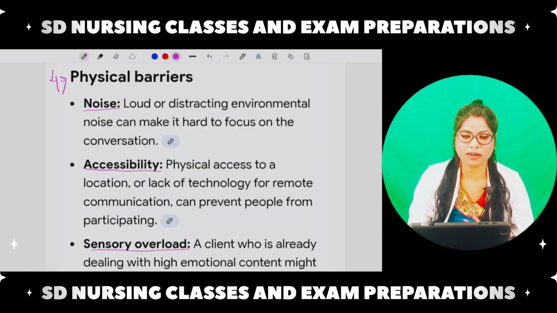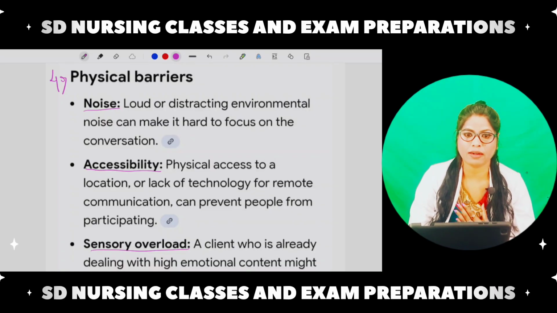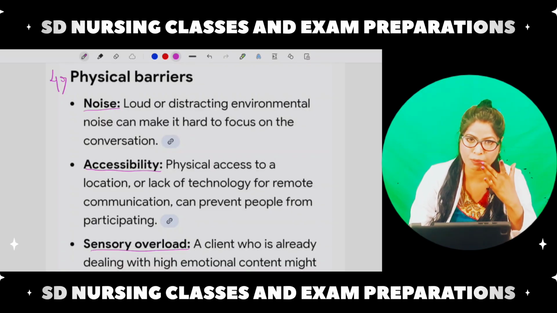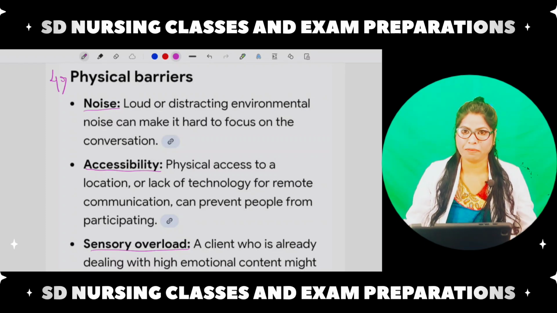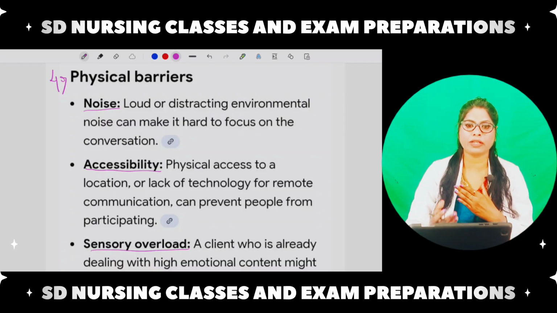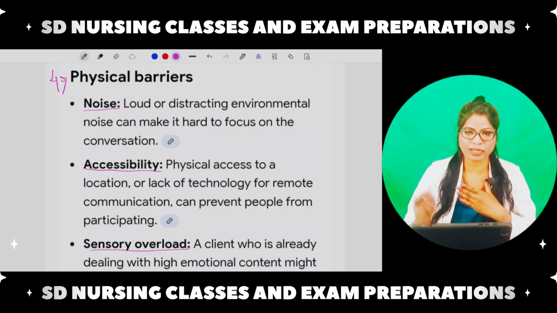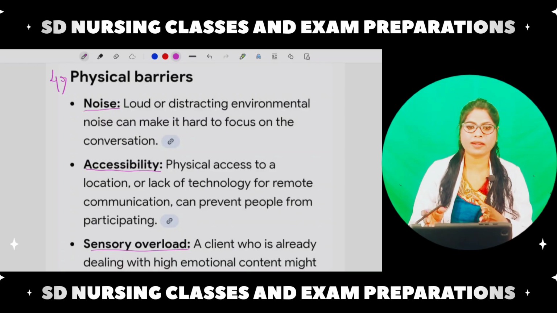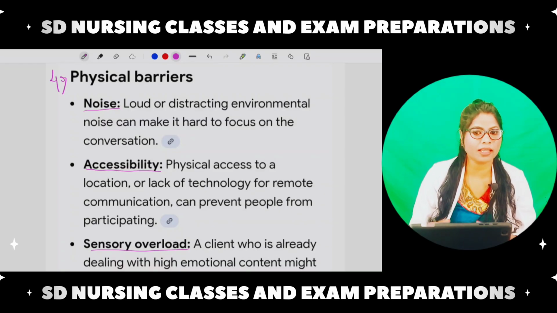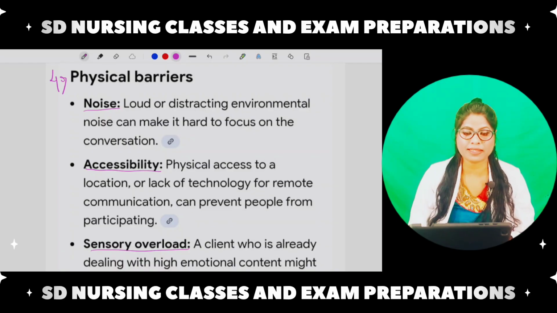If we are talking to the patient about any important things, and suddenly a very loud noise comes, your communication will not progress and will not be effective. What you are saying the patient can't understand, and what the patient is saying you can't understand. So in this time, the noise is the biggest barrier.